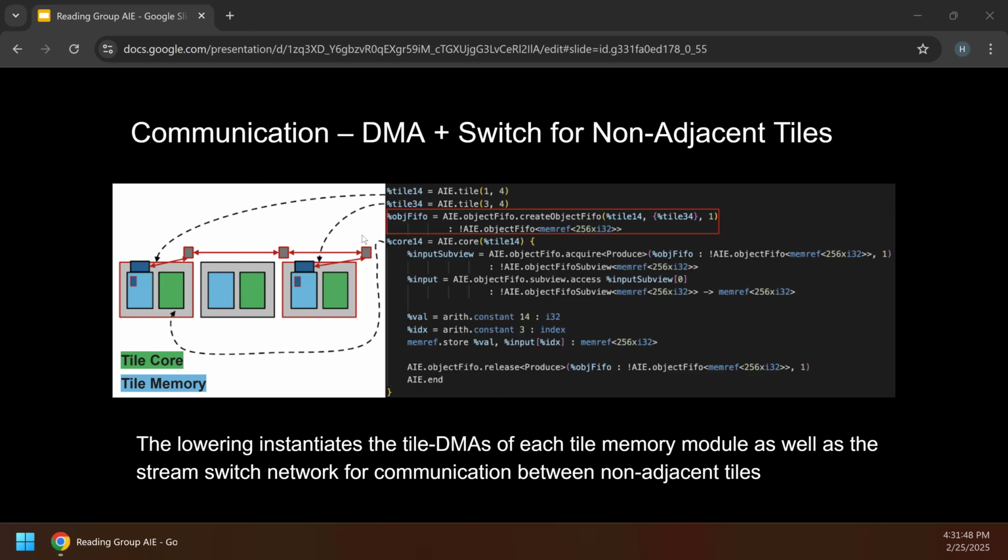In that case, the placement and the routing might be much more complicated, because we also need to deal with all the intermediate tiles during the placement and routing process.